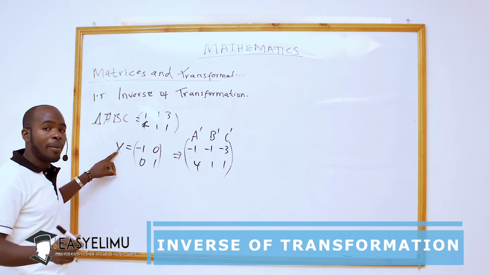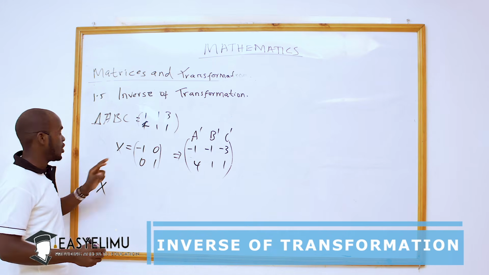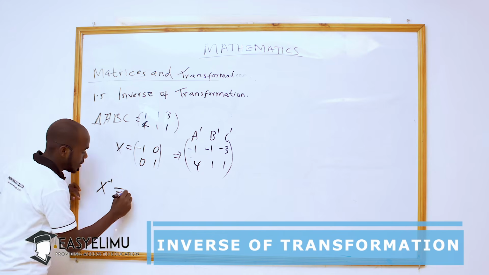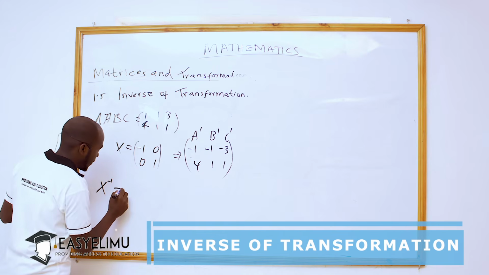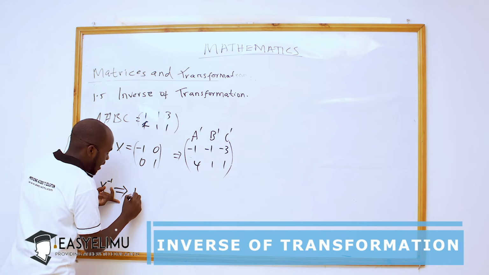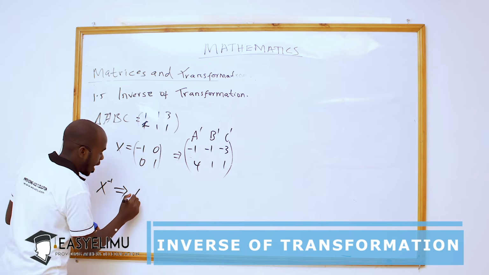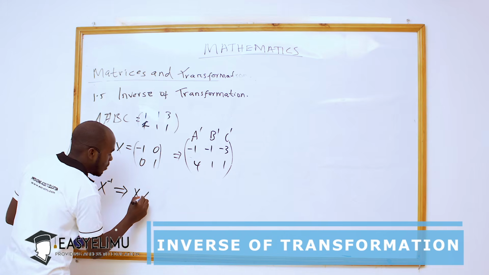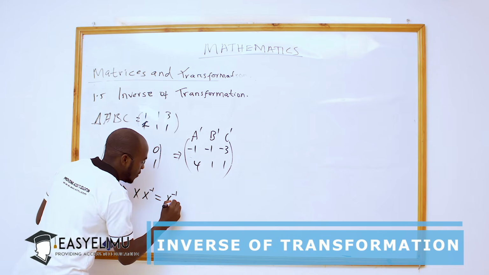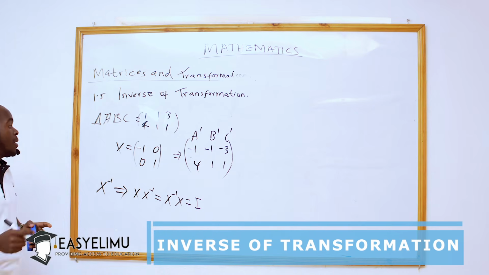The first way of finding a matrix of transformation, if given, for example, X as this one, is that you can find X inverse by taking X multiplied by its inverse, or the other way, X inverse multiplied by X. It should give you an identity matrix.